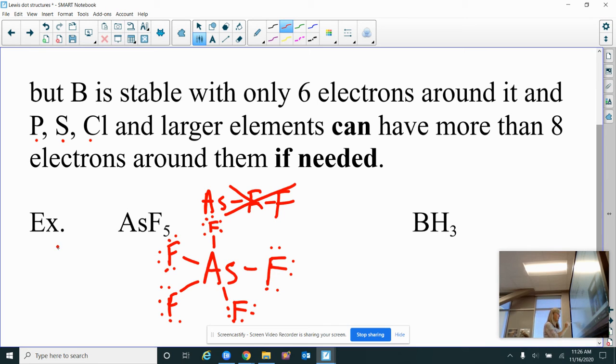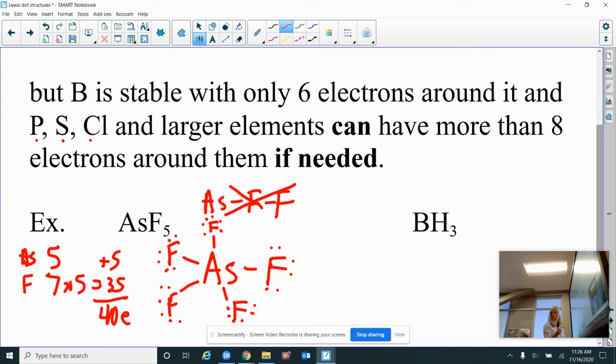So arsenic has 5 valence electrons, fluorine has 7, and in this problem, there are 5 fluorines. So 7 times 5 plus 5, we have 35 plus 5. So we have 40 electrons to use.